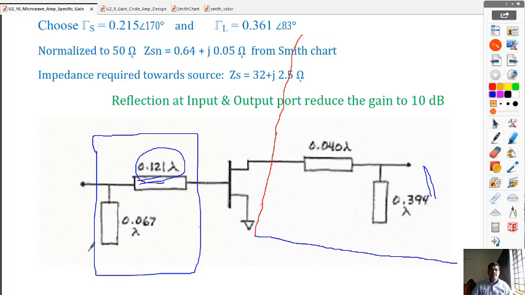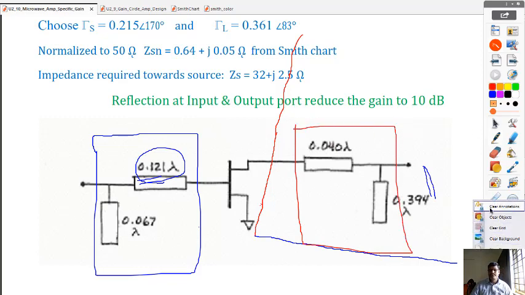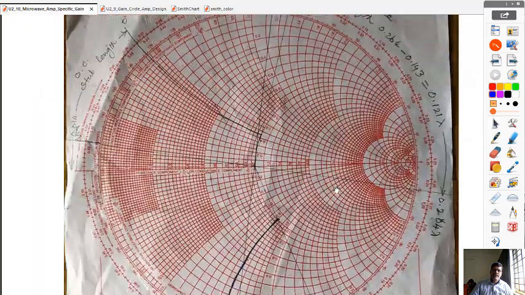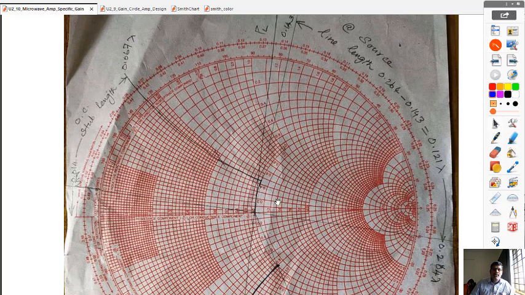The next step is to do a similar computation to construct the output matching network. For that, this is the gamma L that we have already chosen.